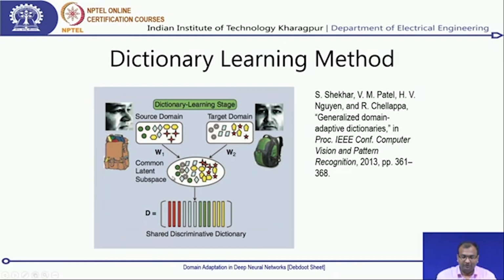Now what will you do over there? What typically is done is that you need to have the source domain data available to you and the target domain data, and you start creating a common latent dictionary. What that would mean is that you put all of these side view faces, front view faces and everything together. So you train a network which took only side view faces and clip art images, and this is trained and kept. You also have your source domain data.